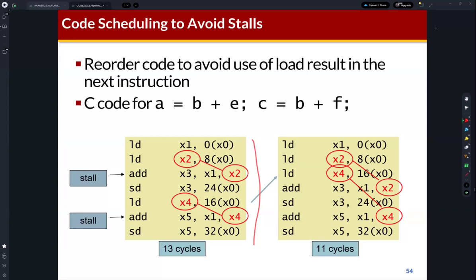By adjusting the order of instructions, we can avoid the data hazard, right? If there are some unrelated instructions between the load and the following instructions, we can avoid the data hazard, right? So this is the compiler technique.